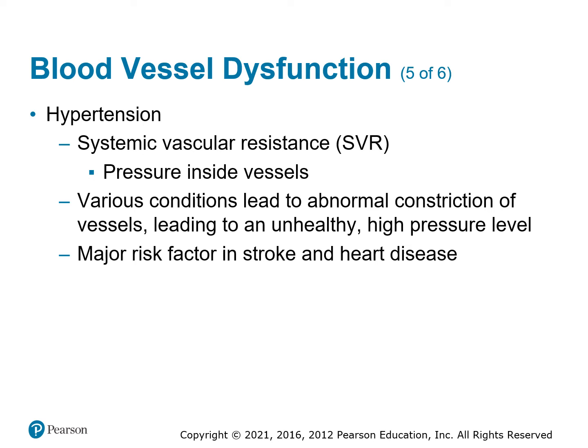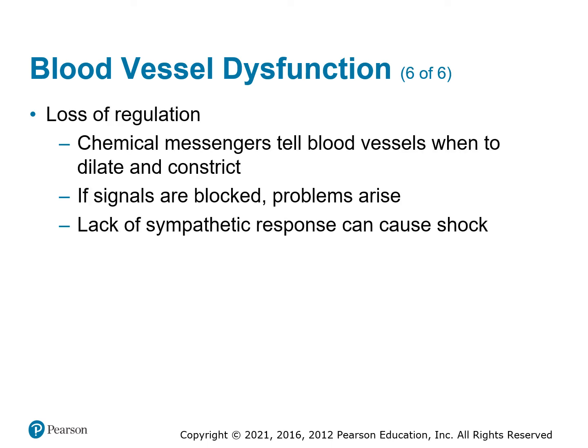If a person has chronic hypertension, you've increased your risk of stroke and heart disease because it makes everything work harder to maintain those pressures. So if you've got it, you want to get it treated. Then we talked about the loss of control. Sometimes they can't control the blood vessels and they dilate too big.